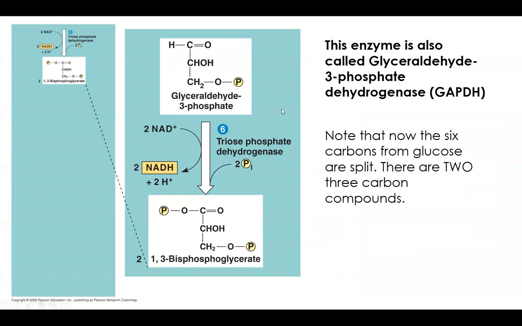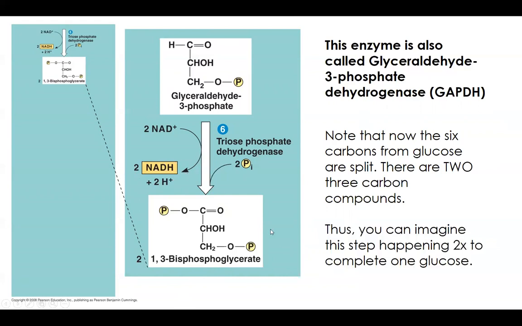Okay, so note that now the 6 carbons from glucose are split, and there are now 2 3-carbon compounds. In play here, noted at the side, is this NADH. We know that those NADH will be saved for later. You can imagine everything from step 6 onward is happening twice to complete 1 glucose, but we're really only looking at 1 at a time.